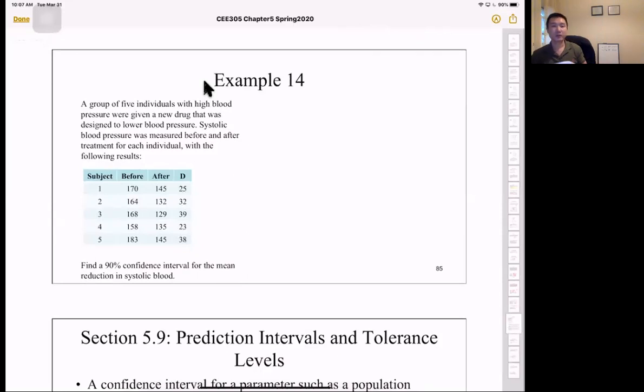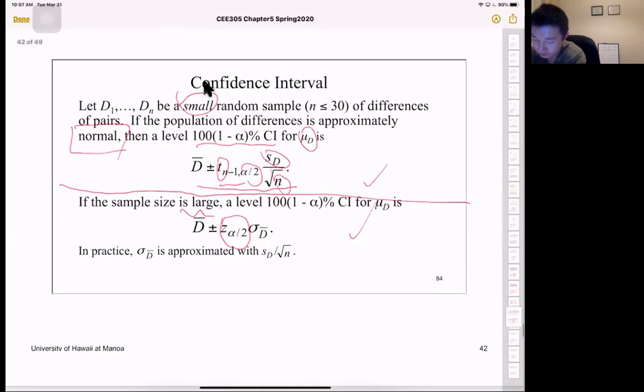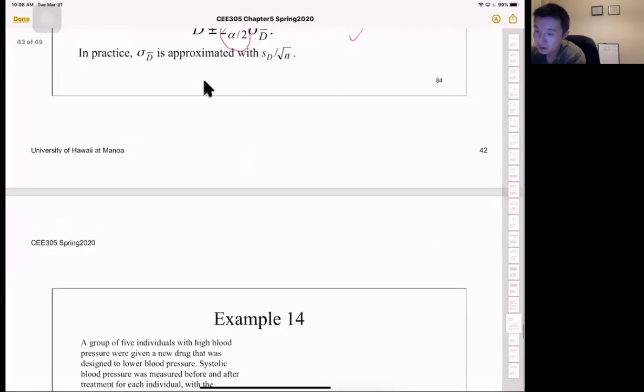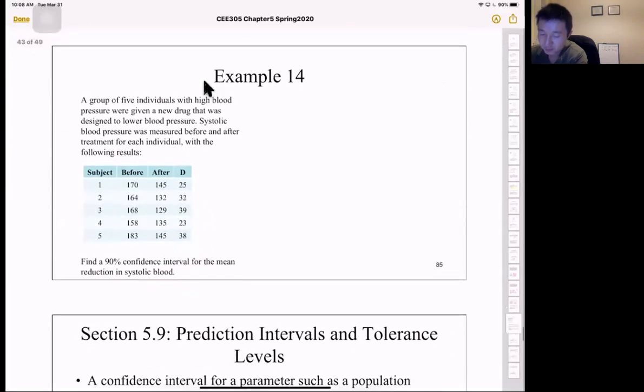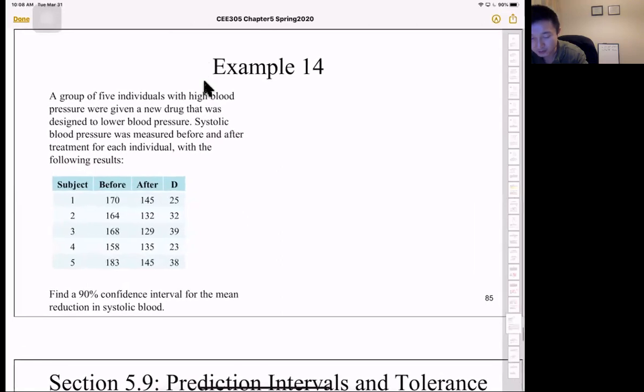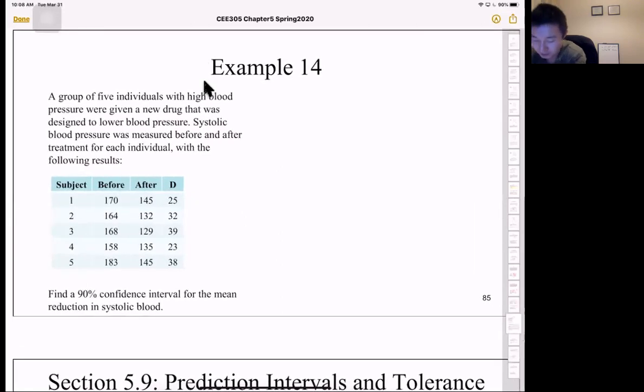So here is another example. A group of 5 individuals, so this is a small sample, and we should use the first equation. 5 individuals with high blood pressure were given a new drug designed to lower blood pressure.